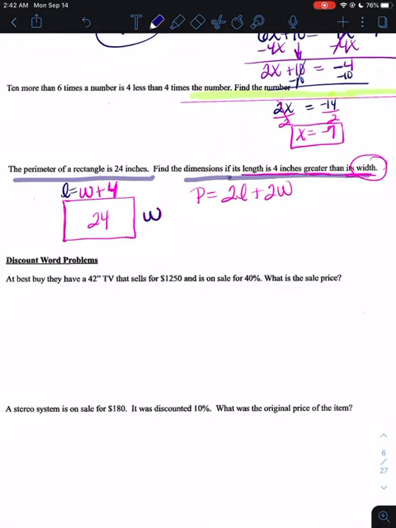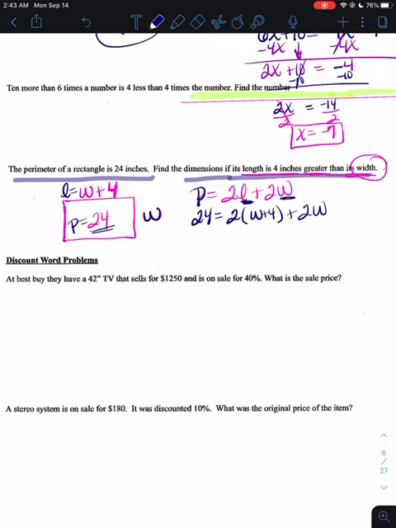So if I use this formula here, we know that the perimeter is going to be 24. So this is P. So this is 24 equals 2 times L. Put L in parentheses, so that's W plus 4, plus 2W. This is the equation that we're solving. So again, the length is 4 more than the width, so W plus 4, and the width is just going to be the width.